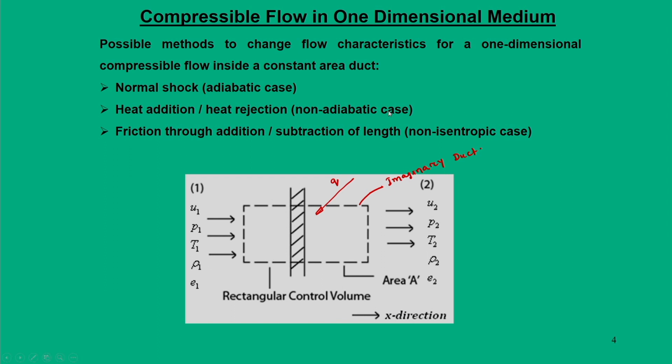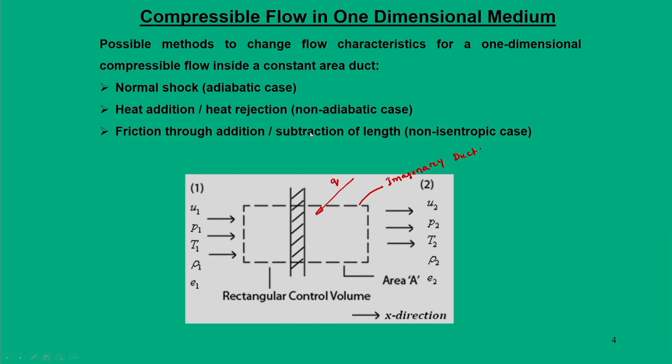This is the main theme of this lecture. The last one is friction, through addition and subtraction of duct length, which is also a non isentropic case because it involves friction. We will see these aspects in the subsequent class.